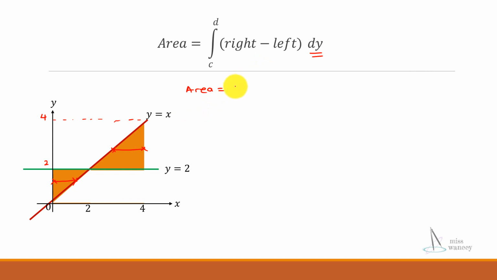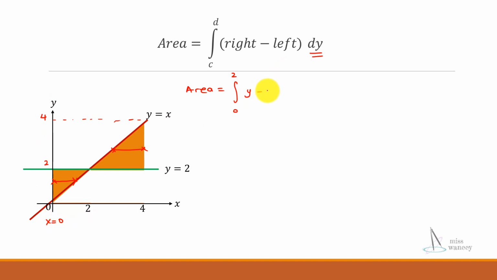Okay, so firstly, we start to integrate starting from 0 up until 2. So for this one, the right hand side function is y equal to x. So x as the subject, I'm going to have y minus. So this line over here is actually the line when x equal to 0.